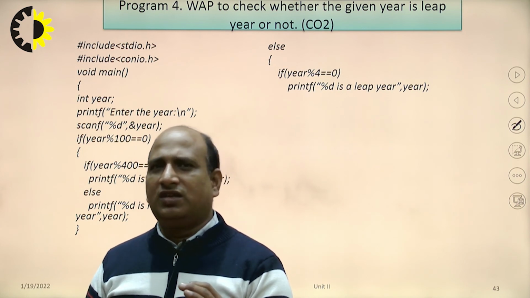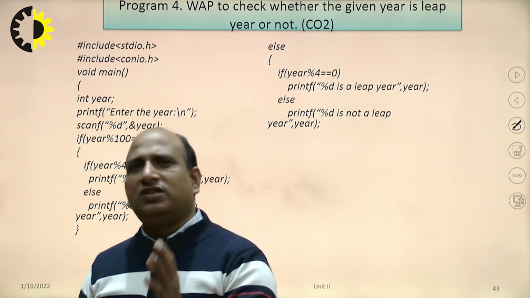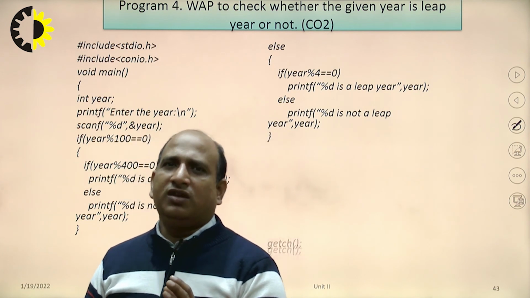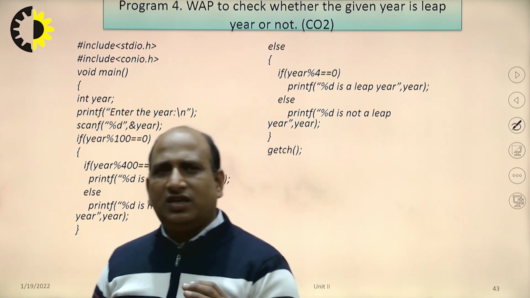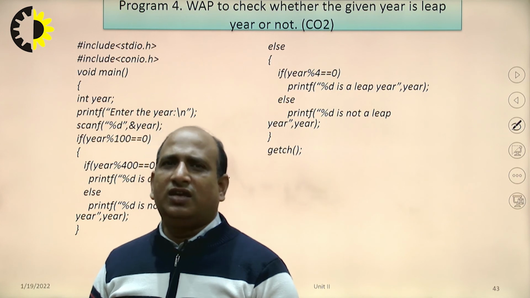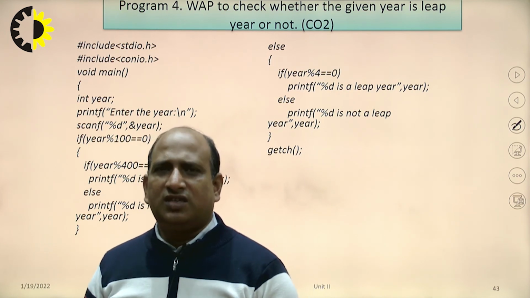So if the year is divisible by 4, it is a leap year, otherwise not. Here we can see the nesting of if else has been done, and this way we can check whether a year is a leap year or not.